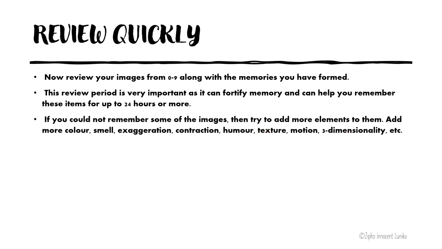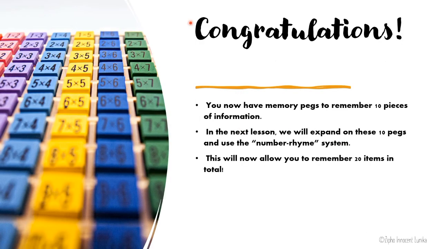And now I'd like to extend my congratulations. You now have a peg system with 10 pieces of information. You've increased your memory capacity using pegs by 10, so you can now remember any 10 items, forwards and backwards, or in random order. Say I call out the number 5.